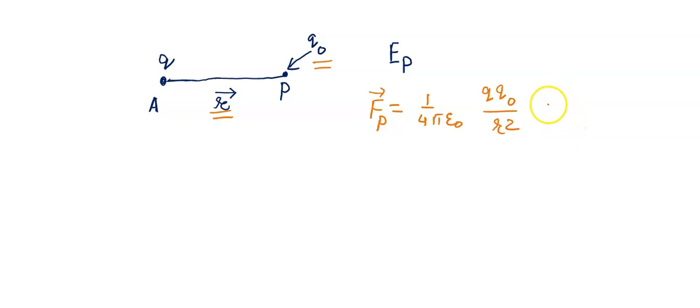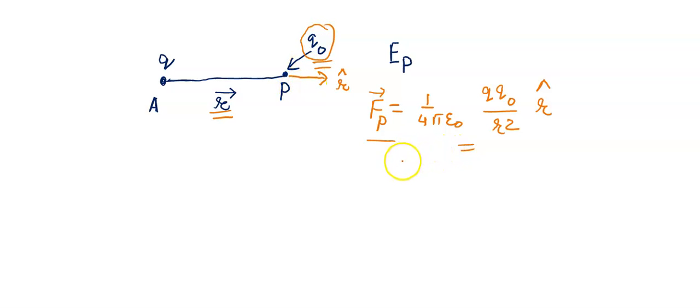And then we can also write r cap. Now what is this r cap? It is called the unit vector, which is acting in this direction. This is r cap. Agreed? So this is the force acting on a test charge q naught kept at this point.